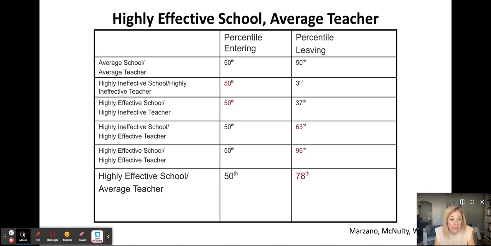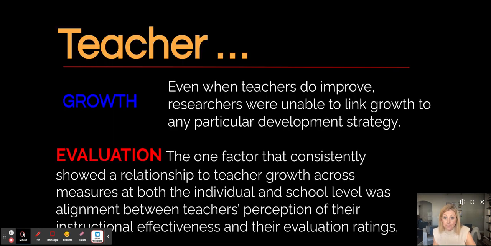The majority of teachers need those structures in order to improve. And then there's always going to be a couple who really need a lot of additional support and structures to improve and acquire skills and knowledge.